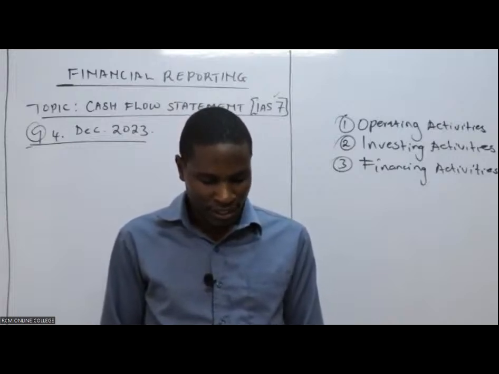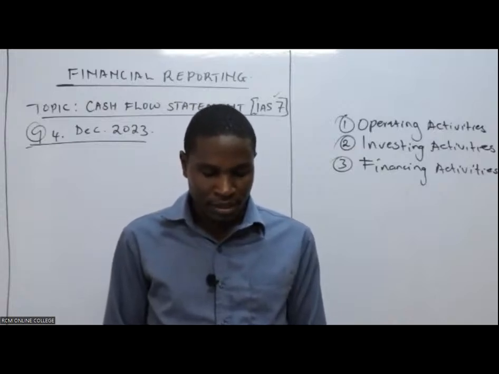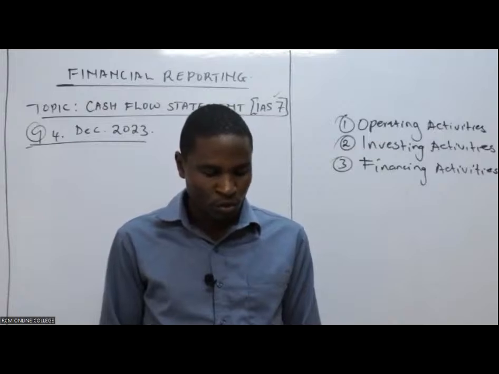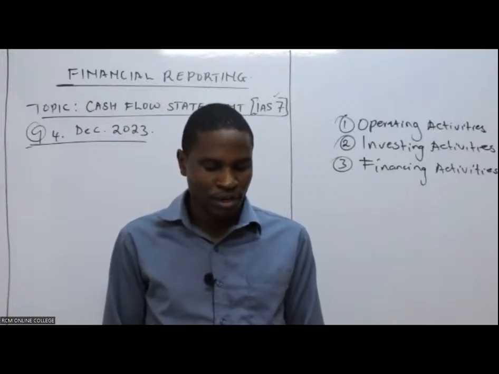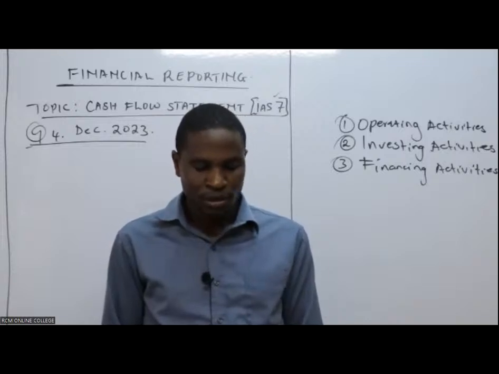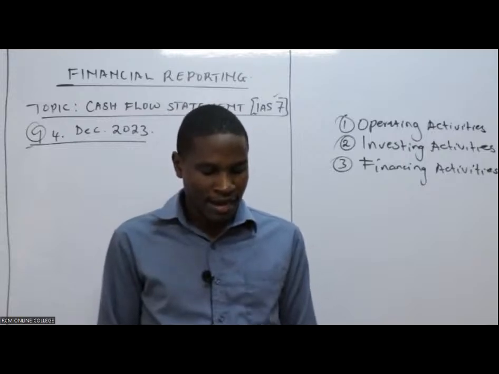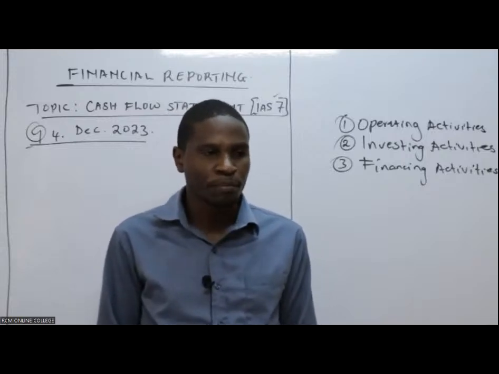The income tax rate applicable to Bundo Limited is 30%. Depreciation on property, plant, and equipment has been charged to profit or loss. During the year ended 31st October 2023, Bundo Limited acquired some patent rights at a cost of 5 million.